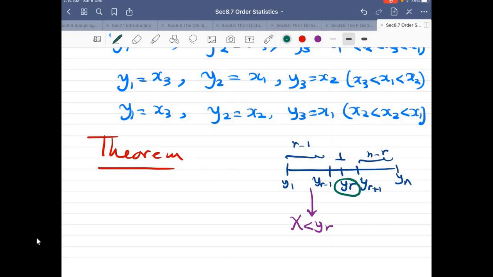So I have r minus 1 random variables smaller than y sub r, and on this side I have n minus r random variables which are greater than y sub r. They are x variables, but these x variables are greater than y sub r. So now it's clear how to derive the formula for the rth order statistic.